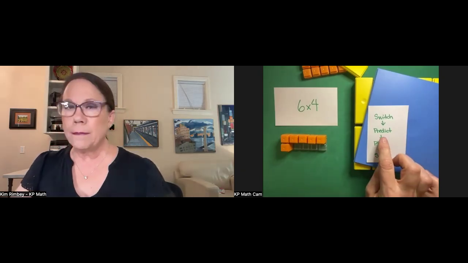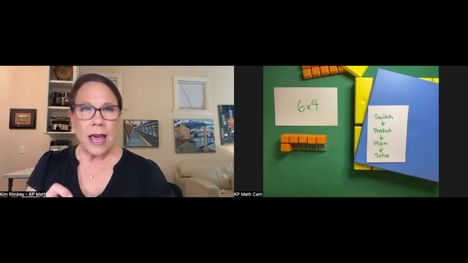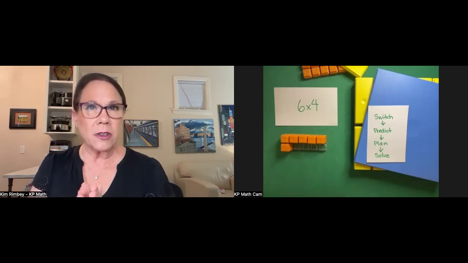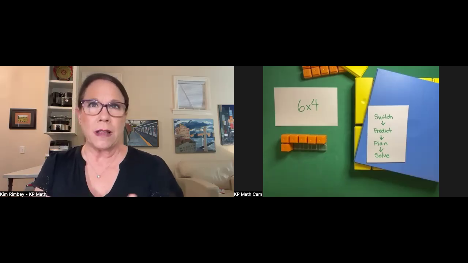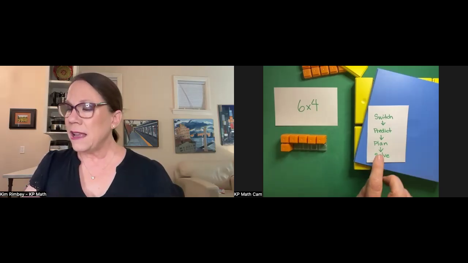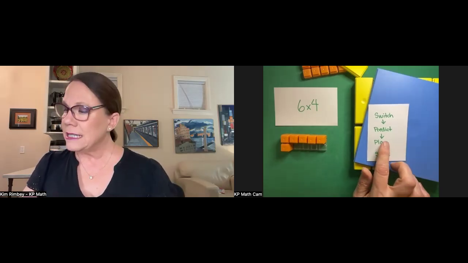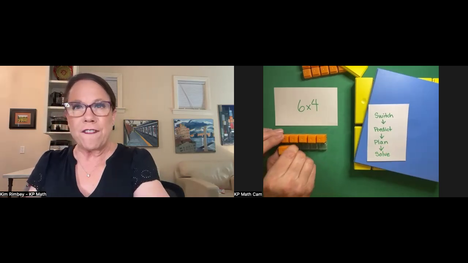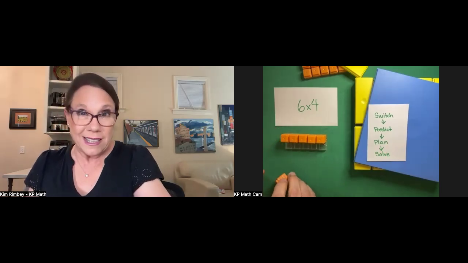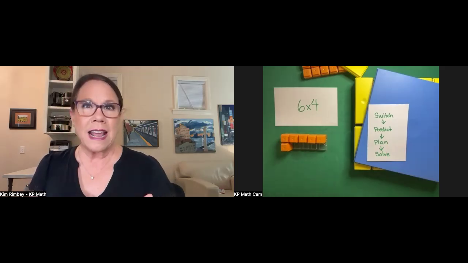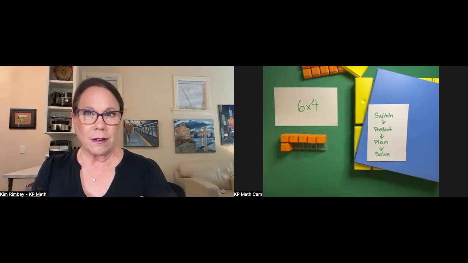And then I'm going to predict: what multiplication fact is this close to that might help me? Is this closer to a foundational fact of multiplying by ones or twos or fives or tens? So then I can make a plan. If I had predicted that 6 times 4, ooh, that's really close to 5 times 4, which is 20, and then 1 times 4 is 4 more, then I can figure out that it's 24.